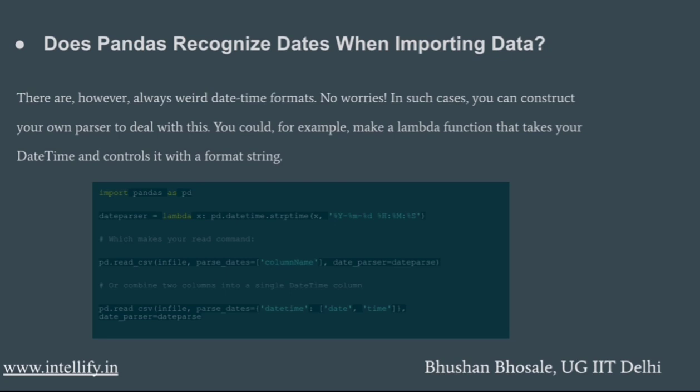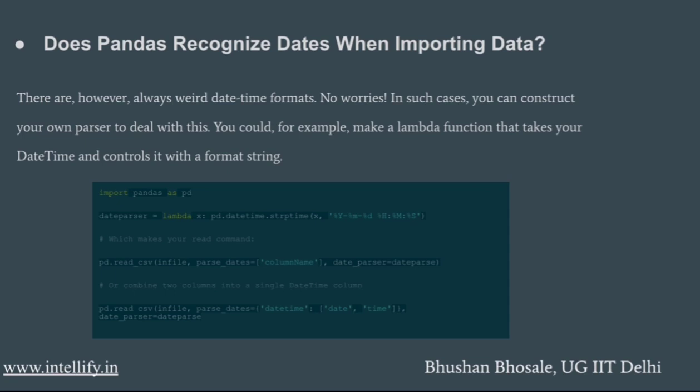There are, however, always weird datetime formats. No worries. In such a case, you can construct your own parser to deal with this. You could, for example, make a lambda function that takes your datetime and controls it with a format string.